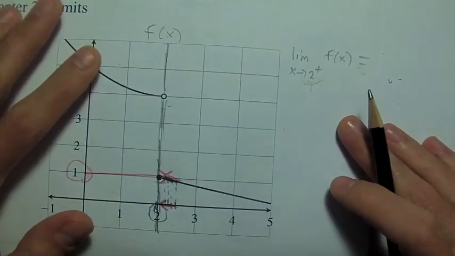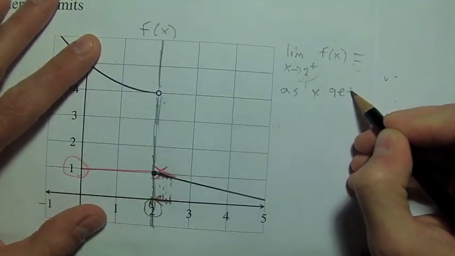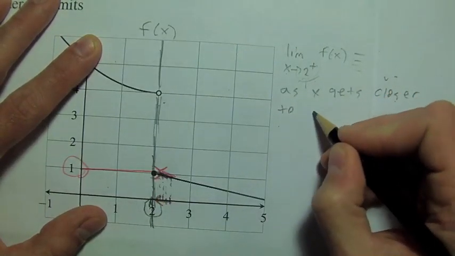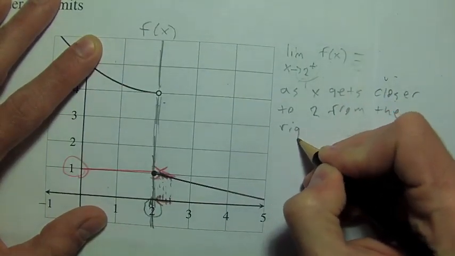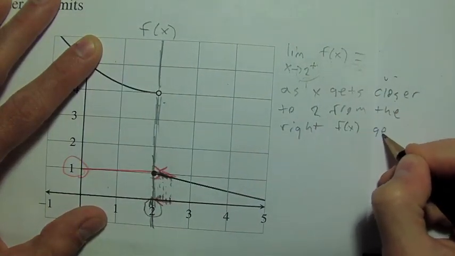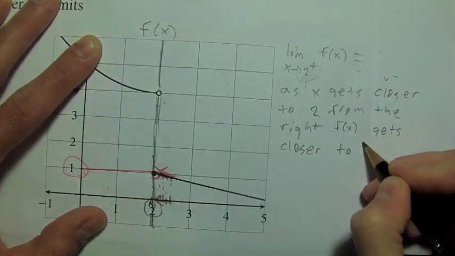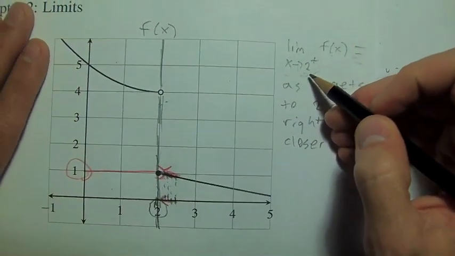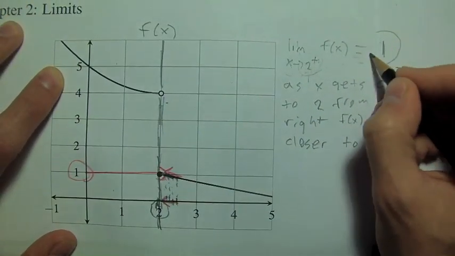Fair enough. So as x gets closer to 2 from the right, our f of x gets closer to 1. So the limit as x goes to 2 from the positive side of f of x is 1.